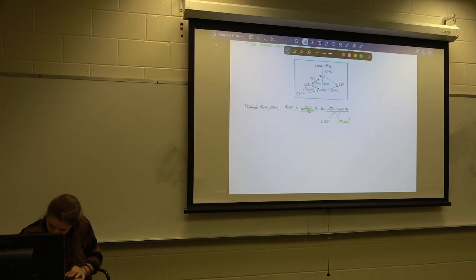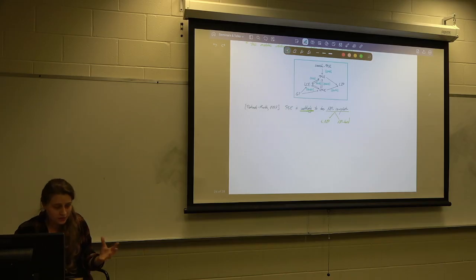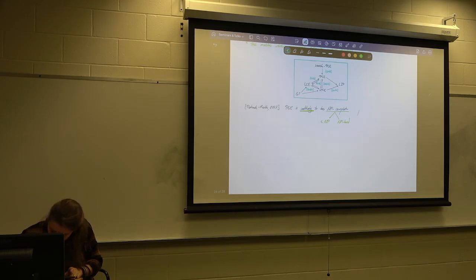And unlikely. So what they actually show is that if PCE is an NP-complete problem, then this assumption doesn't hold. And the assumption, just for completeness, is that the polynomial time hierarchy collapses.